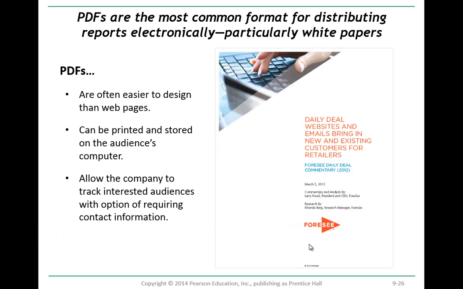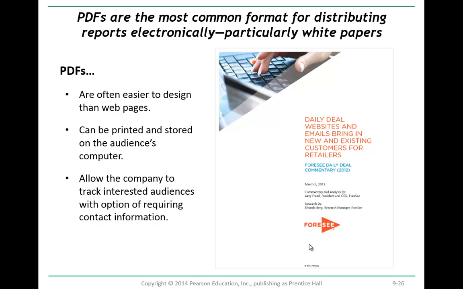Some comments about PDFs. The white papers in figures 9.10 and 9.11 were both prepared as PDF files and distributed through the companies' websites. As an alternative, the companies could have published their reports as web pages. PDFs are by far the most common format for distributing reports electronically for three very important reasons. First, documents are often easier to read in this design than in web pages.